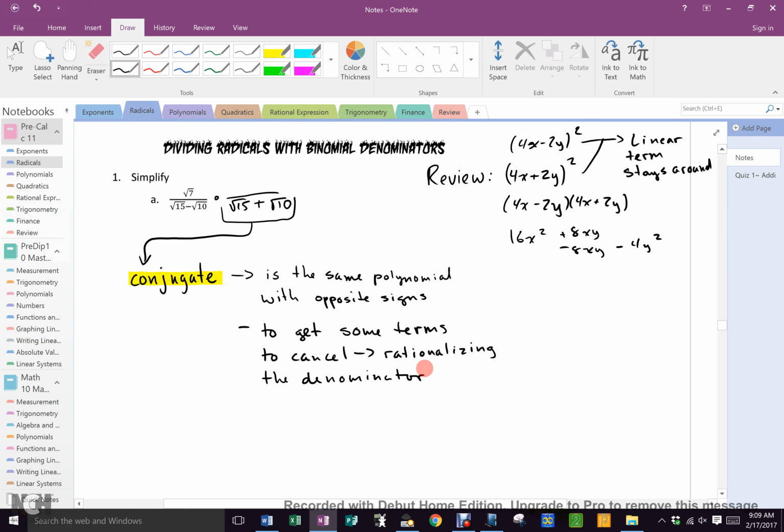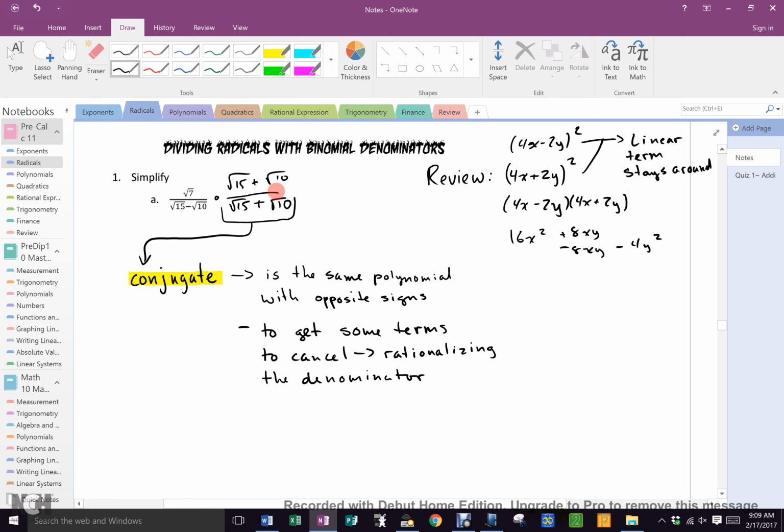Now, you guys are smart kids. If I multiply the bottom by root 15 plus 10, what do I have to multiply the top by? Same thing. And we remember that this is okay because this is 1, right? And anytime we multiply by 1, we don't change a value. We just change the looks, okay?